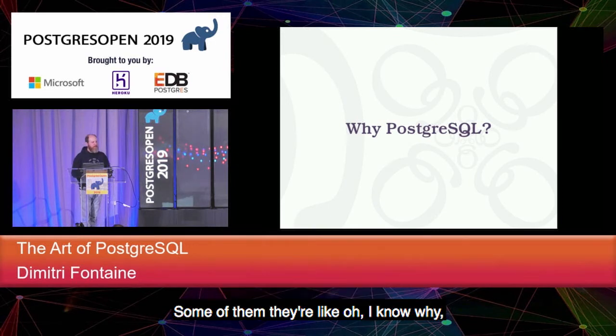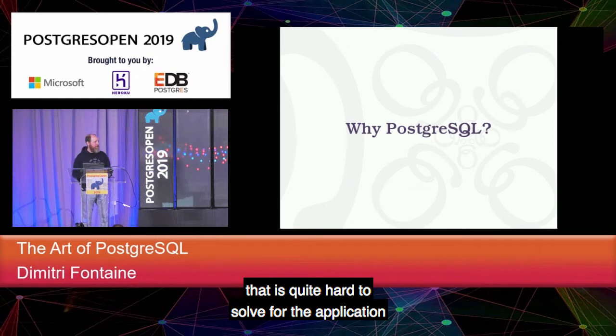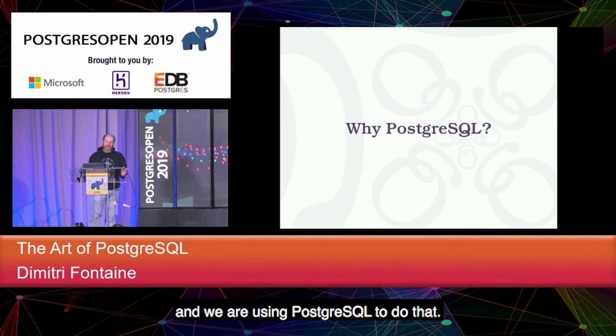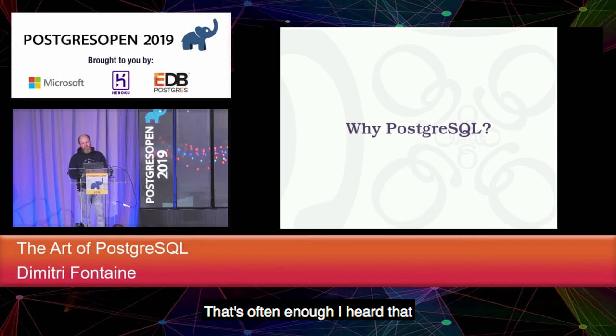Some others are like, oh, I know why. It's because it's solving this problem that is quite hard to solve for the application, and we are using PostgreSQL to do that. But often enough, I heard that PostgreSQL is used to solve storage, which is surprising as an answer because it's so wrong.